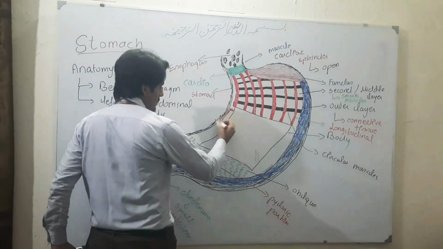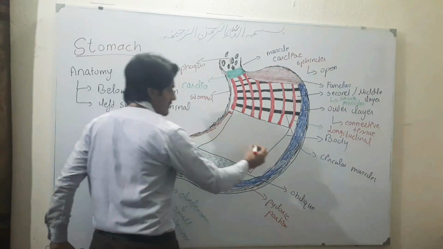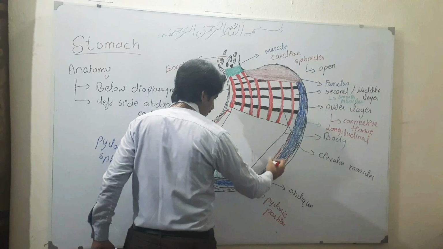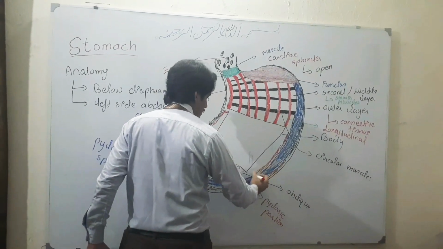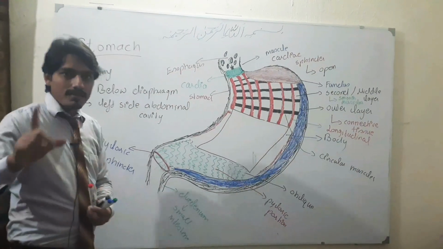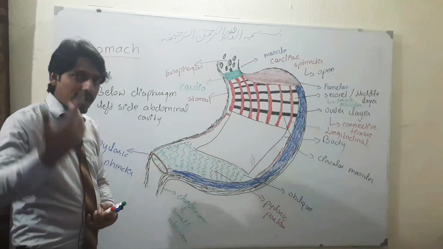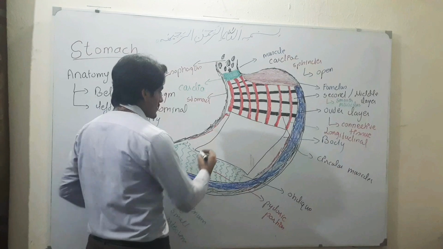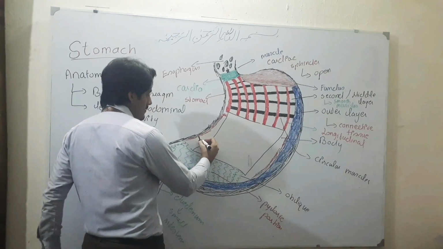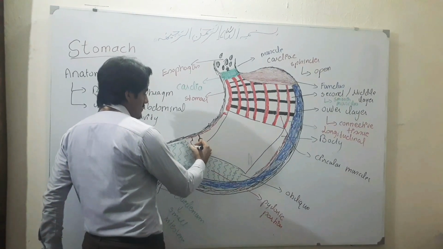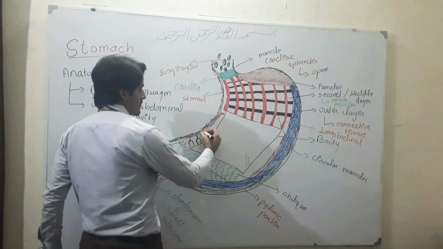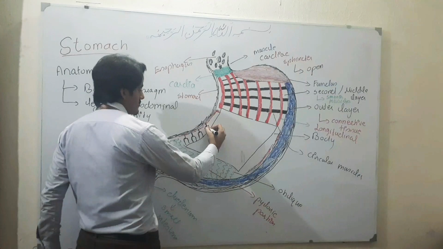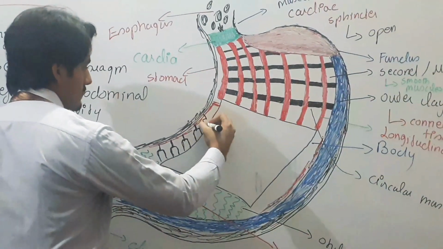This is the inner layer of the stomach wall, which is attached to many glands. These are the glands which are present inside the inner layer. There are special glands.